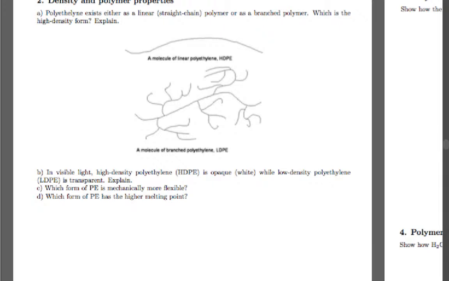That's basically the logic. So higher branching results in lower energy. No, lower density. There we go.